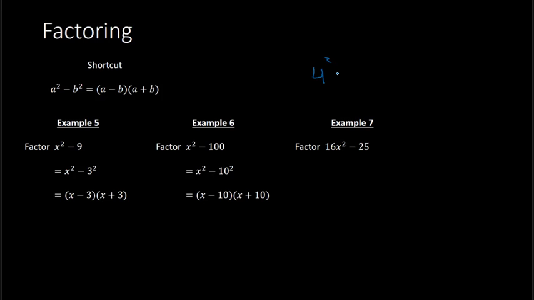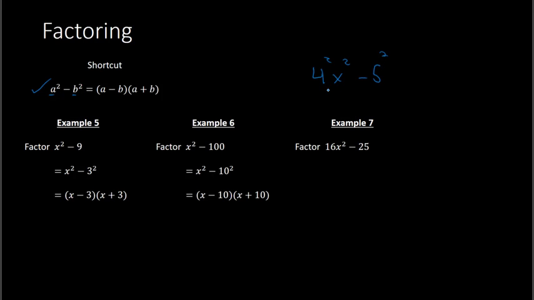So we have 4 squared and x squared. And we should notice that 25 is the same thing as 5 squared. So what we have is something being squared minus this other thing being squared. So it fits this format up here of a squared minus b squared. Something squared minus something else squared.